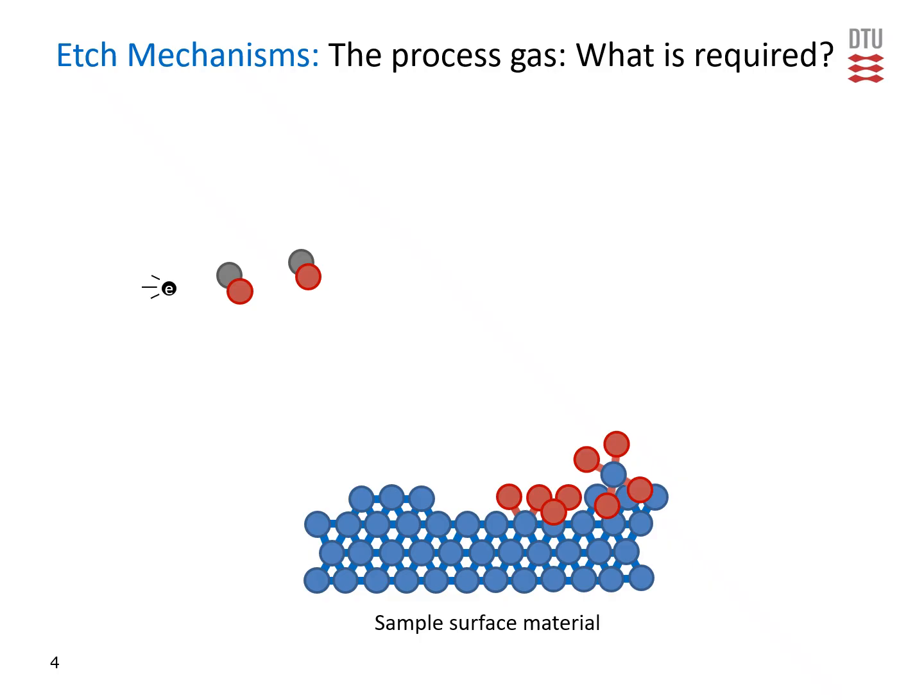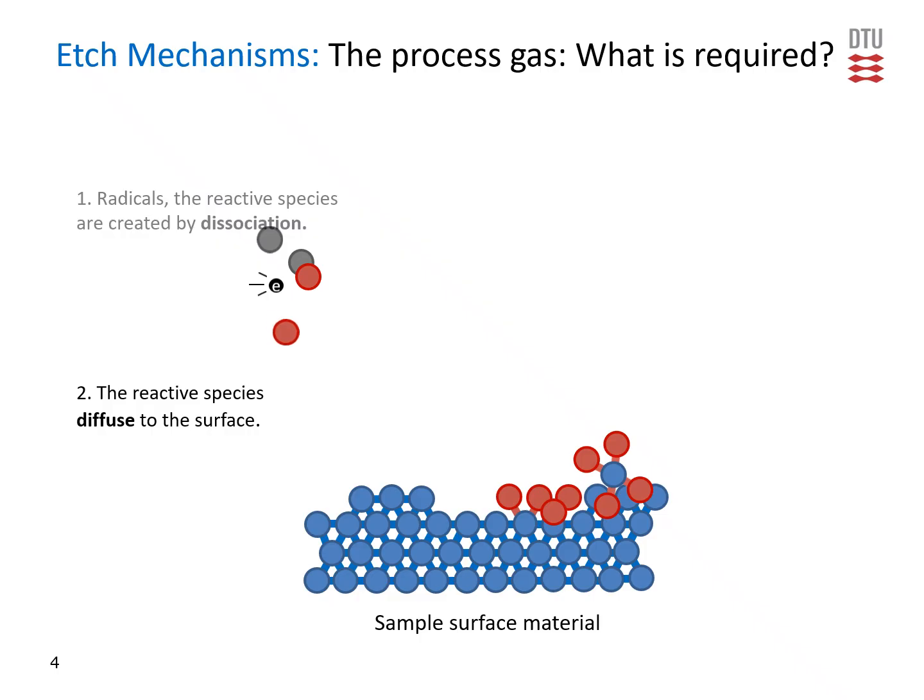Here we see a sample surface material consisting of these blue atoms, and up here we have the process gas, which also consists of maybe several kinds of atoms. And the first thing that needs to take place is that this process gas should dissociate into radicals.